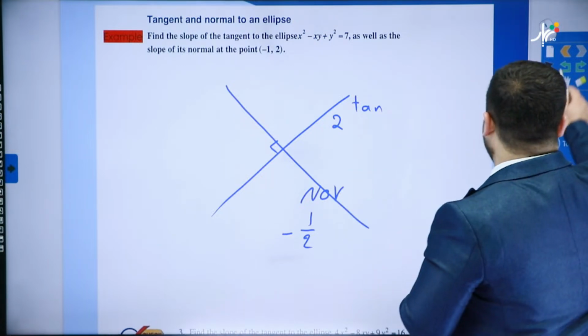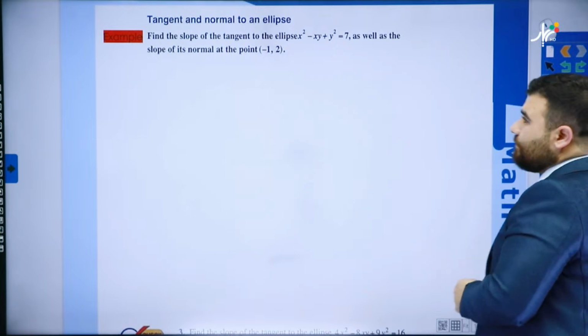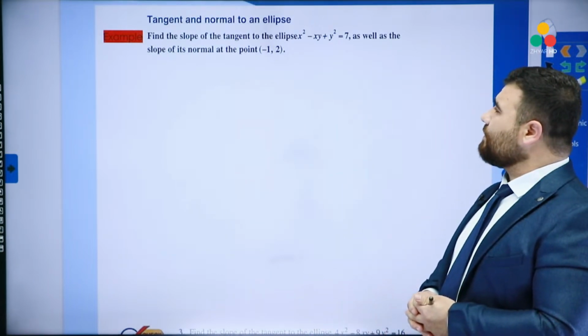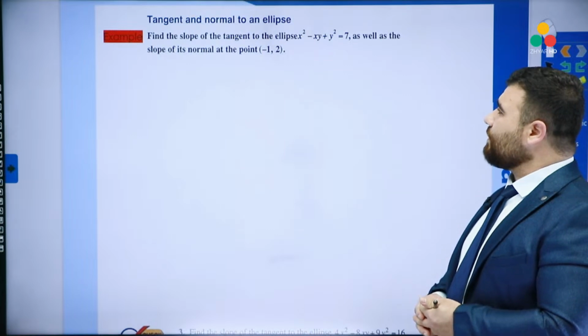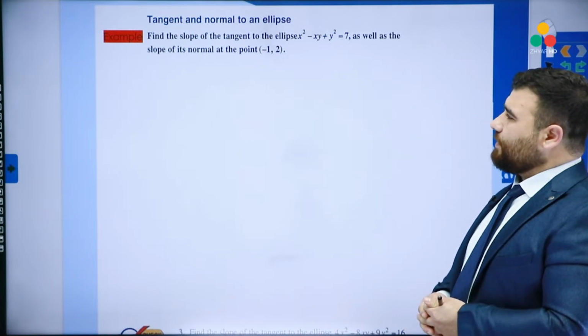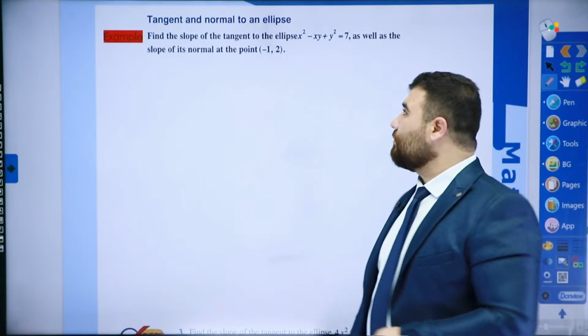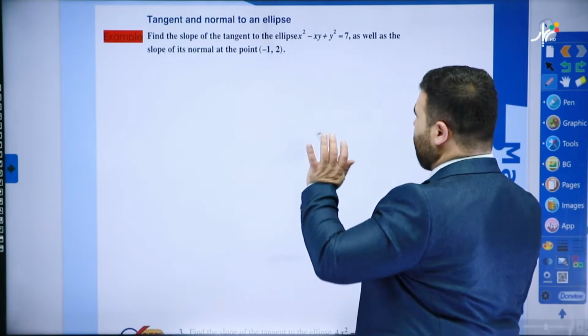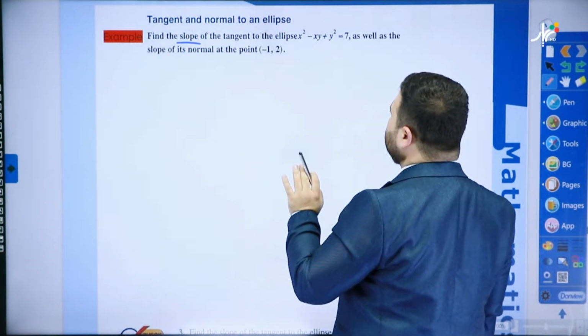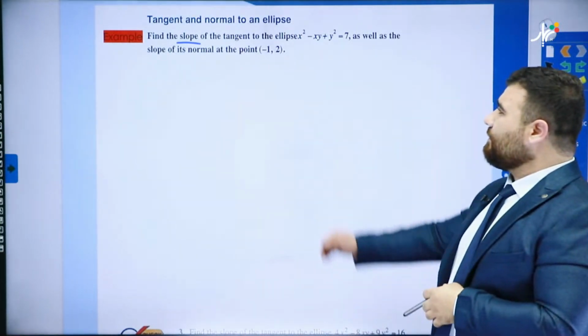Now let's do this question. Find the slope of the tangent to the ellipse x squared minus xy plus y squared equals 7, as well as the slope of the normal at the point (-1, 2). Firstly, if I want to find slope, it means I want to find the derivative.